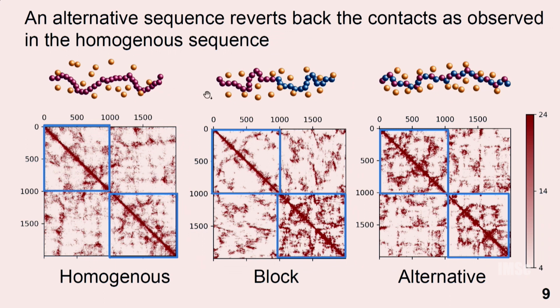But if you have a blocky sequence, my sequence from 0 to 1000 is this pink one, and from 1000 to 2000 you have this blue one. And this blue one binds to the yellow ones with higher affinity. So the pink one is one type of nucleotide and the blue one is the other type. Right, that's the assumption. But the protein is the same. I see. Okay.